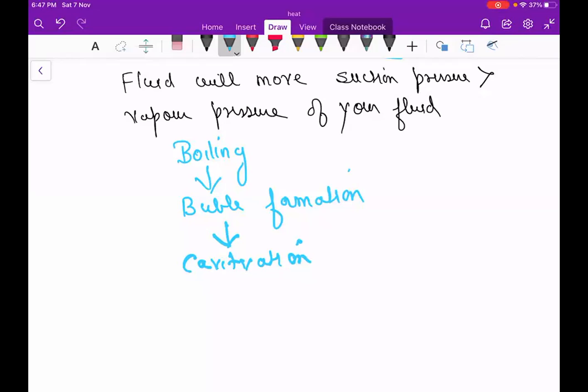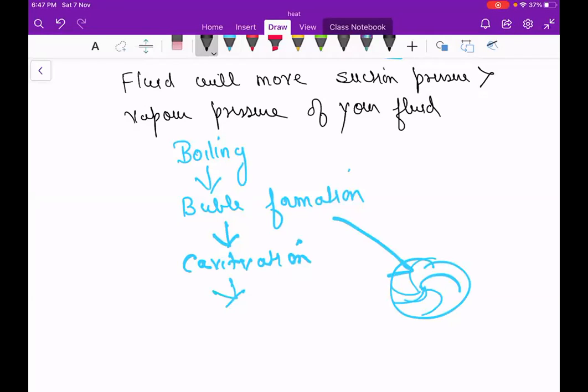And what will happen if cavitation occurs? Here your impeller is moving at a very high speed, so these bubbles at a very high pressure will strike the impeller.